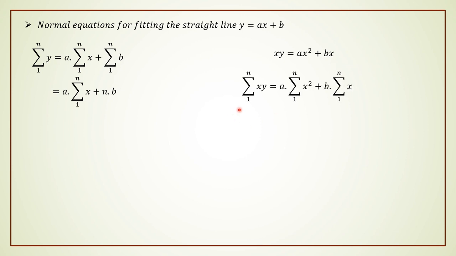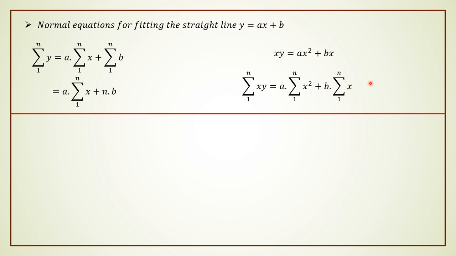Therefore, the second normal equation is summation xy is equal to a into summation x square plus b into summation x. So you can easily obtain the normal equations of any linear curve by taking the summation of the given equation and then multiplying by x throughout and taking the summation.